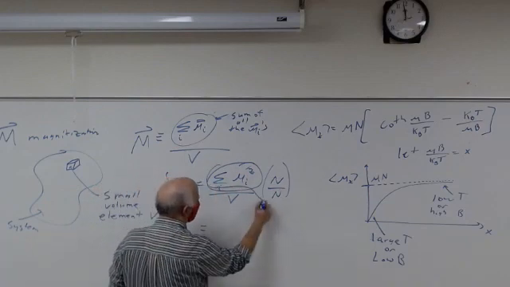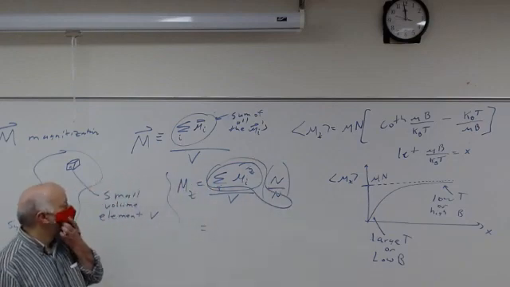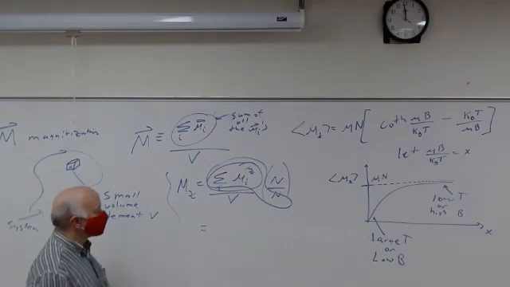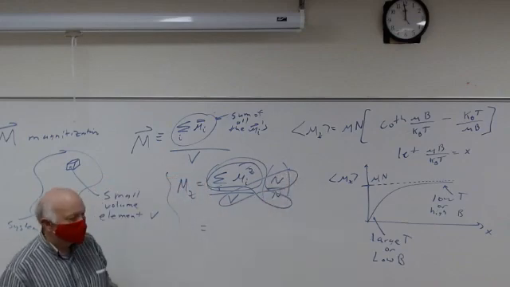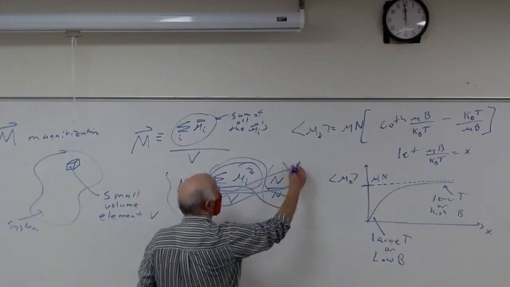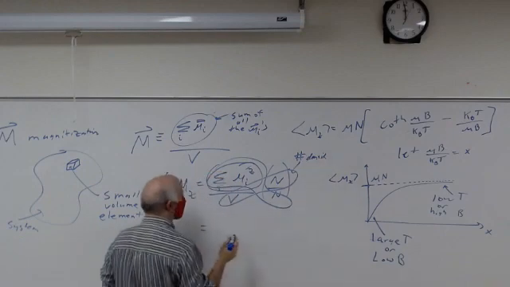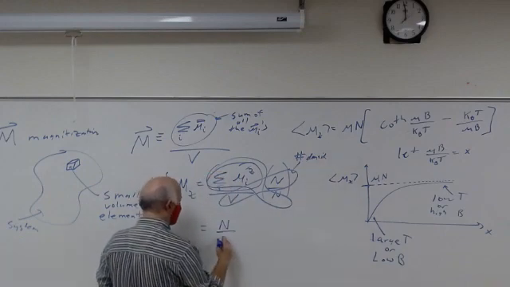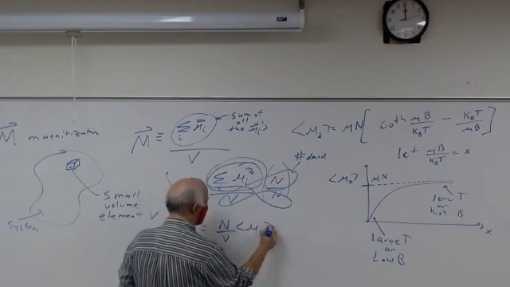This guy here would be your average value. And this right here would be your number density. So what you're going to have here is N over V and this mu z here.